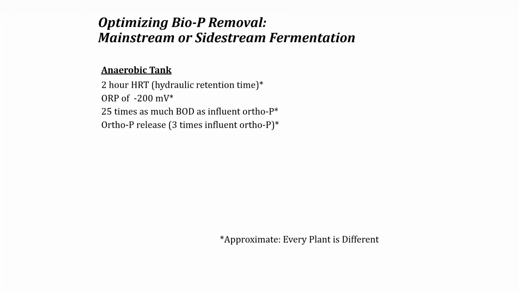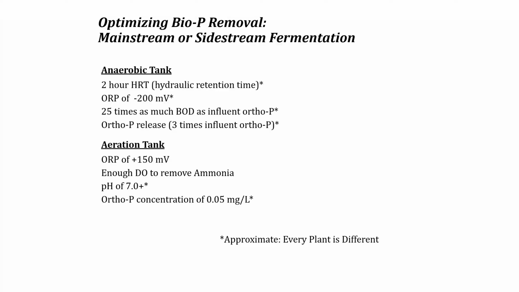So optimizing this. Couple environments we're looking for. Again, just like the nitrogen, these are rules of thumb. These are a good place to start. You may find, oh, there's a plant here in Connecticut that runs just fine at an ORP of minus 400.